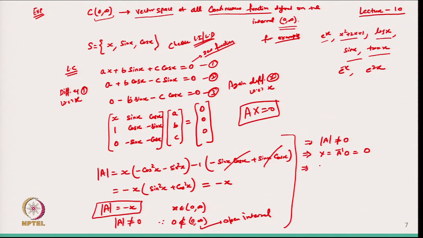So, from here I have A, B, C, all the 3 are 0, and from here you can say that the vectors x, sin x and cos x are linearly independent. Okay, so this type of thing we have to do when we deal with the space of continuous functions or differentiable functions like that. So, this is the way we can do.